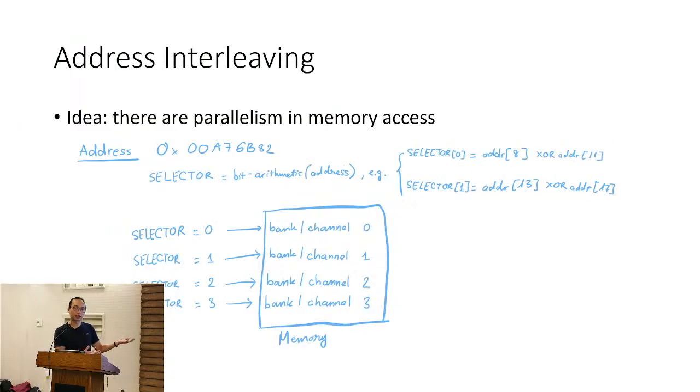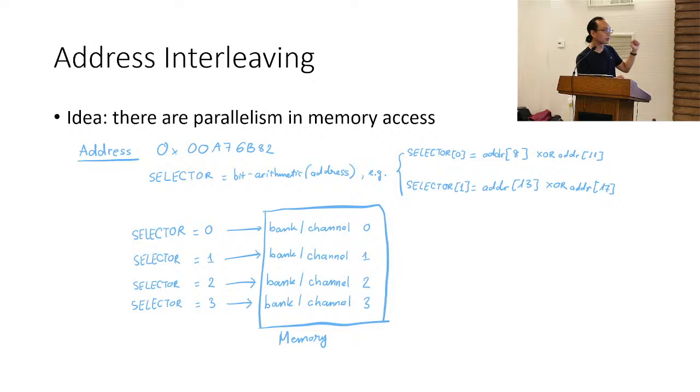For the selector, I mean the arithmetic that you choose for which bank or channel you want to access, you can basically do anything with the selector, but what I'm trying to convey is that it's a one-to-one mapping between the selector and the bank and channel.